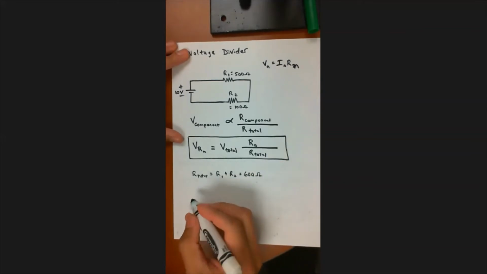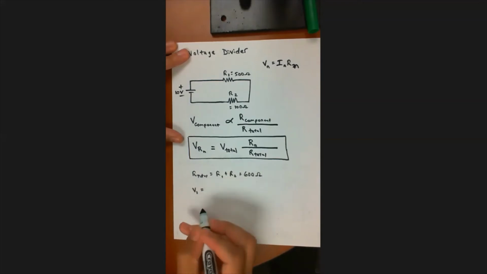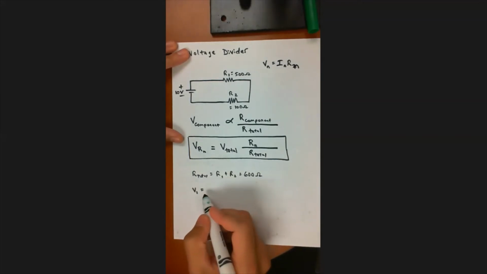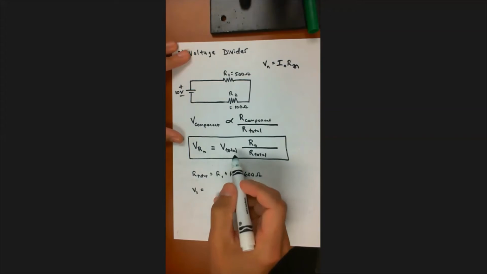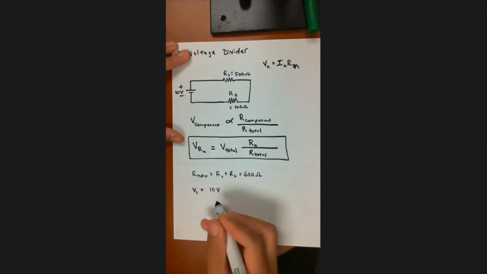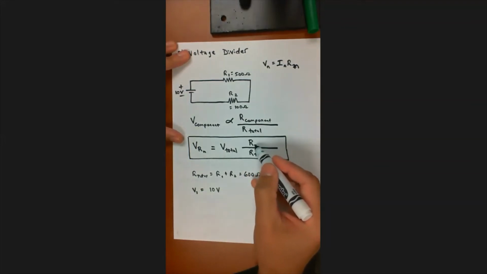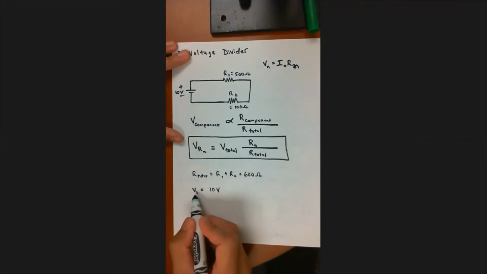So let's find V1. I can calculate V1 by plugging into this equation. V total is 10 volts times this ratio. R n, well, n is equal to 1 because we're trying to find the voltage drop across resistor 1.